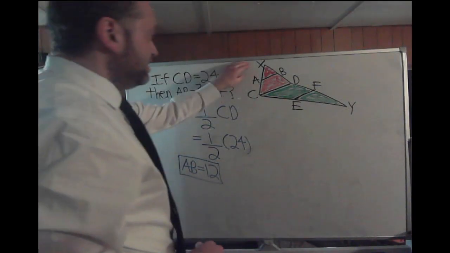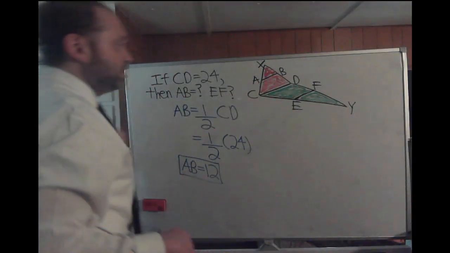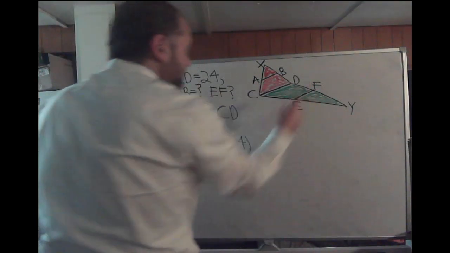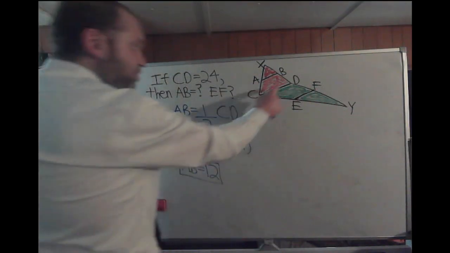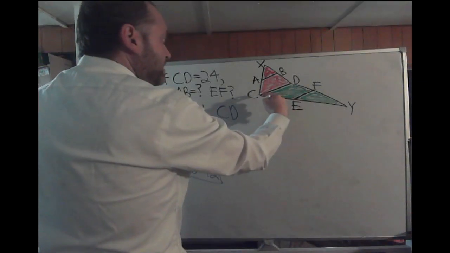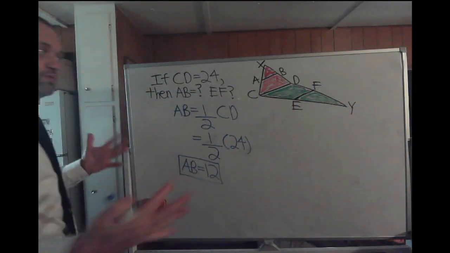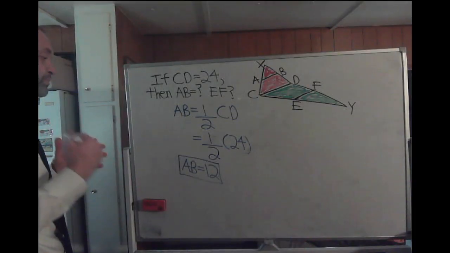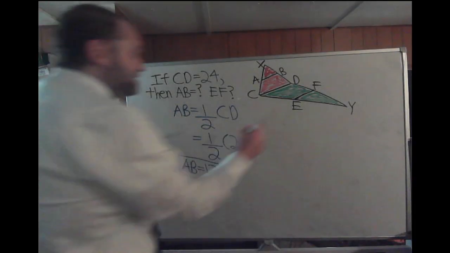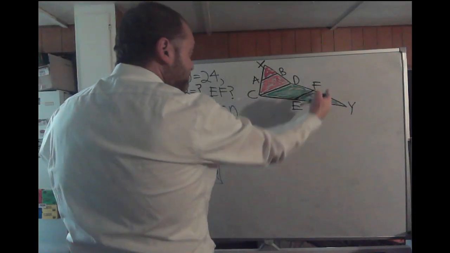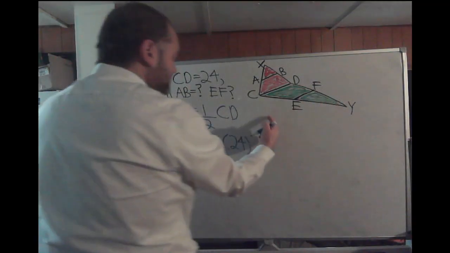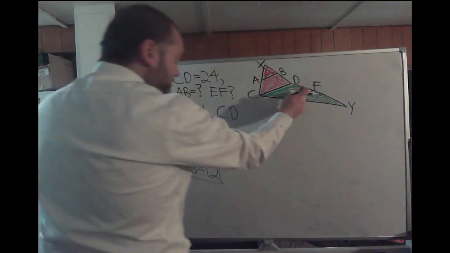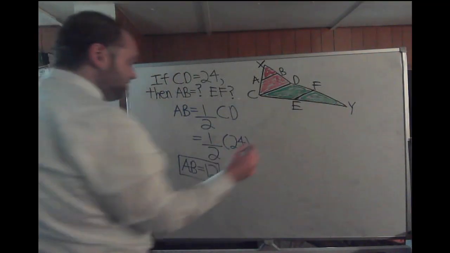Now, we've dealt with triangle XCD. What about triangle YCD? Notice they both share the same base, CD. Since EF connects the midpoints of YD and YC, it's parallel to CD and it's half as long as CD.